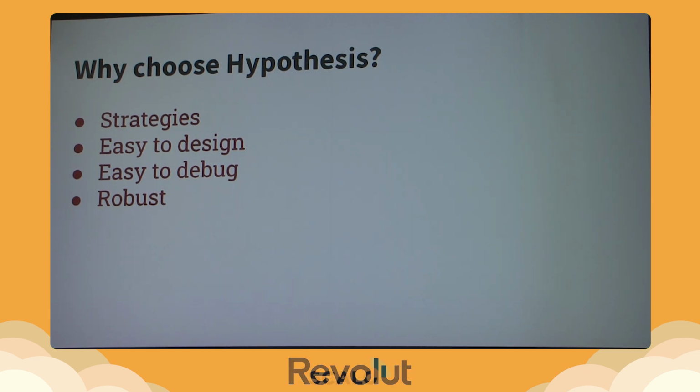It's repeatable, and that makes debugging easier. It's robust at finding edge cases, which makes it very powerful in terms of giving us an idea about the behavior of our software, and this robustness is what makes it a very powerful tool.